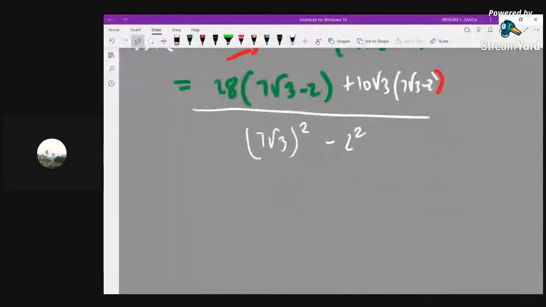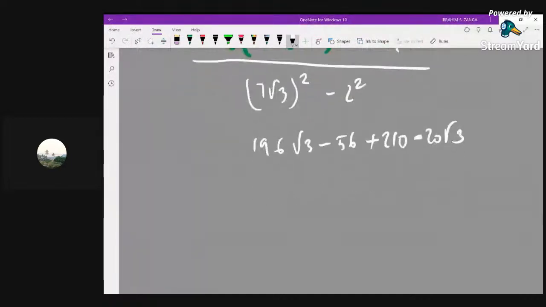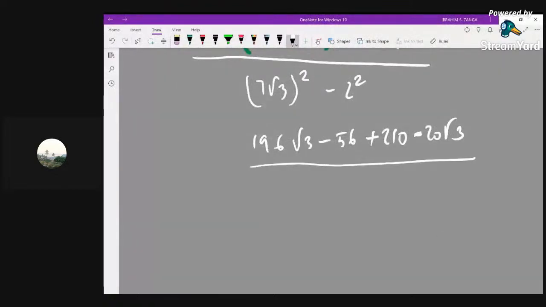We proceed. 28 times 7, 56, 14 plus 5, 19, root 3 minus 56 plus 10 times 7, 70, 73, 210, minus 20 root 3. Then over, it is actually 49 times 3.